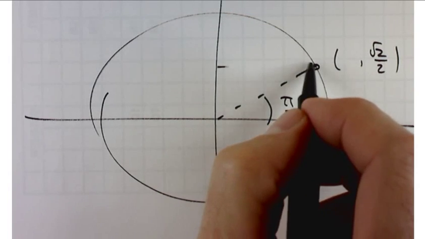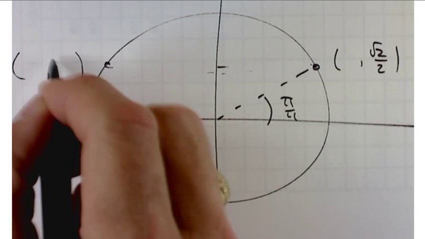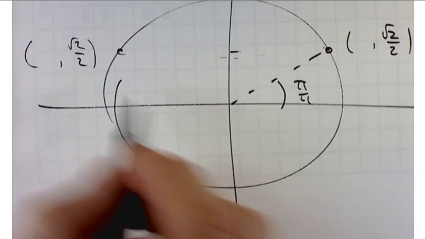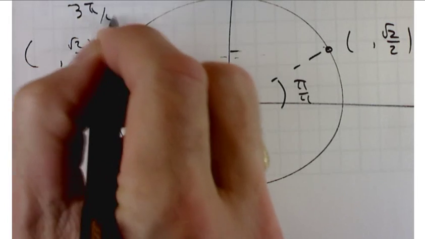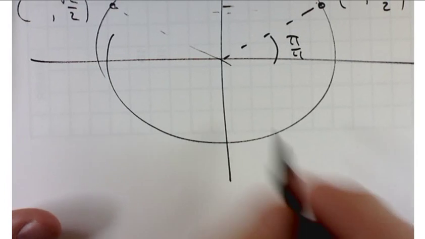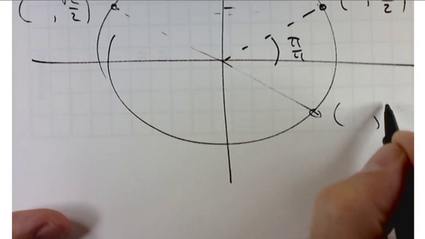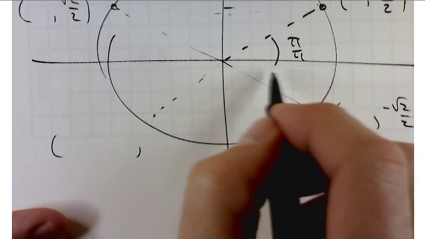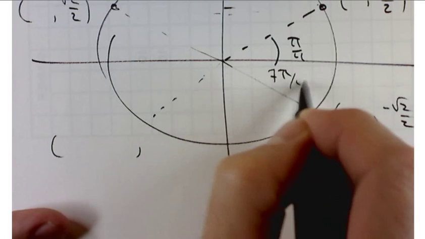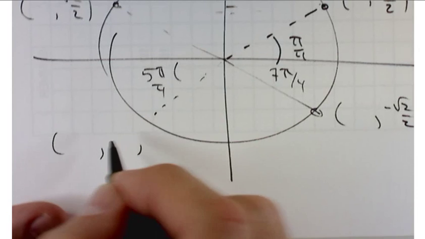But where else is there going to be a y-coordinate at root 2 over 2? What other angle? 3 pi over 4. And similarly speaking, we had a solution down here in the 4th quadrant, negative root 2 over 2. And it has, again, parallel solutions. So 7 pi over 4 and 5 pi over 4 are both going to be solutions on that one.